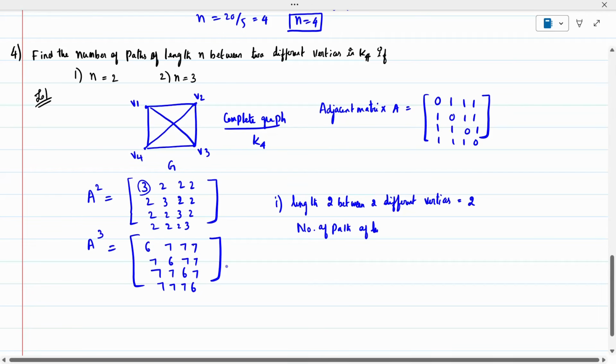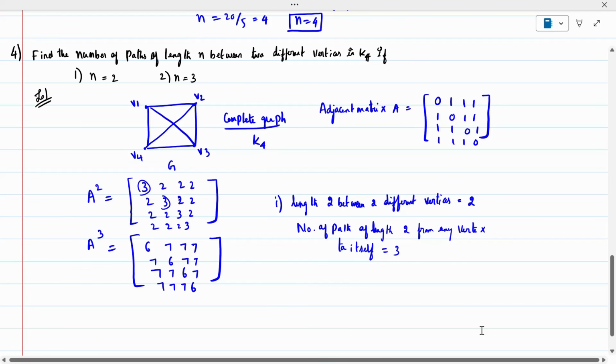The length 2 from any vertex to itself is nothing but 3.